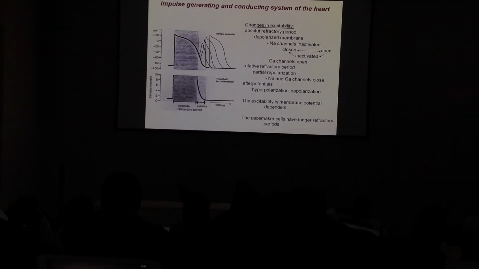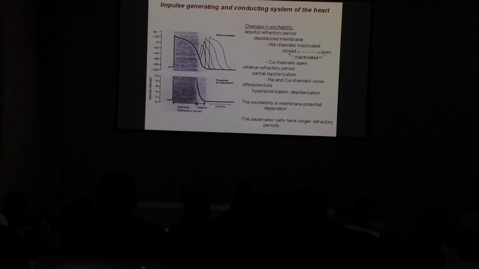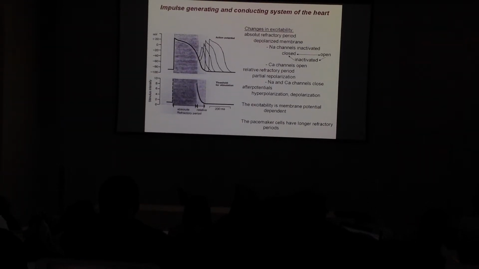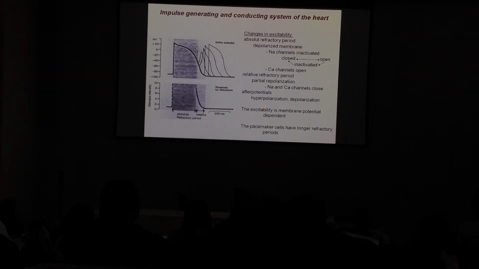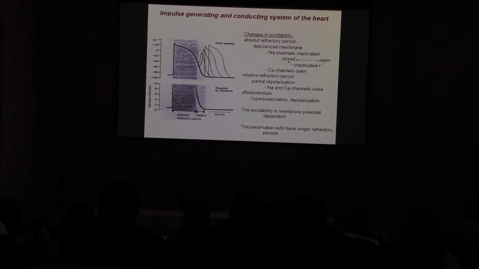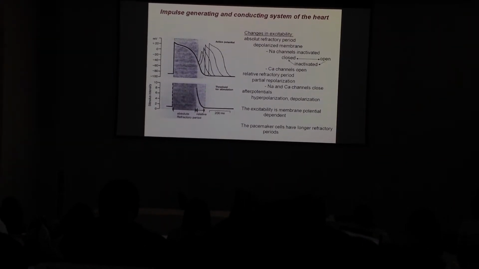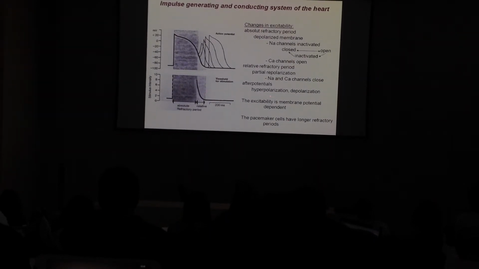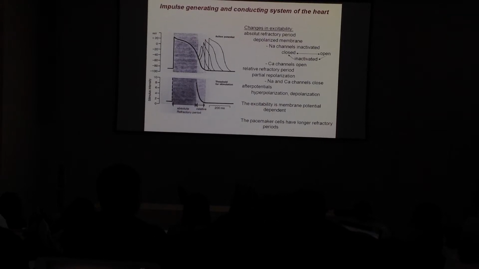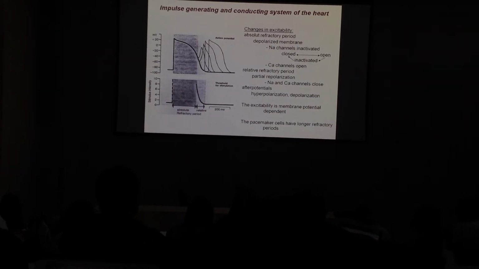Okay, how can we summarize this information? The first statement is that the excitability of the membrane, the ability to open the sodium channel again, is voltage dependent. It depends on the membrane potential.